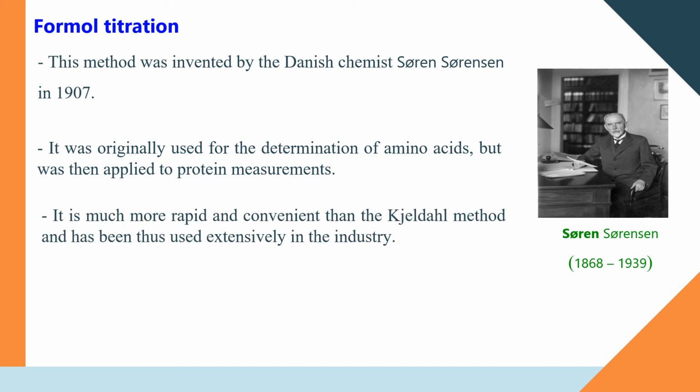In fact, formol titration has an advantage over the Kjeldahl method, because formol titration is more rapid, less expensive, and takes less effort, whereas the Kjeldahl method takes a longer time, is more expensive, and takes effort.